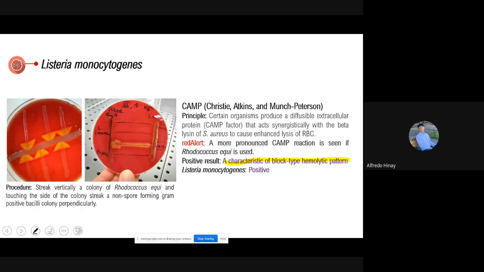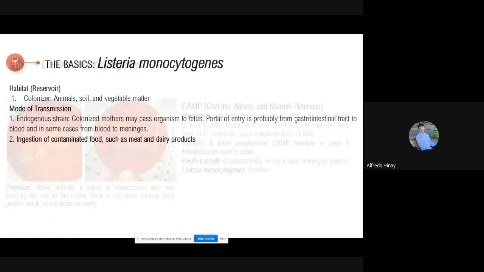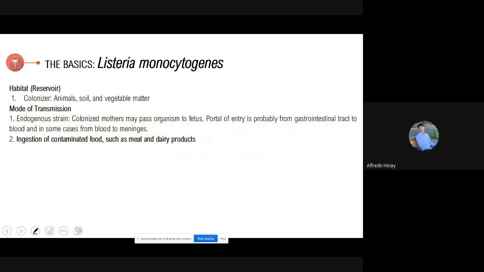Kay Streptococcus agalactiae naman class is arrowhead appearance. So the rest of the organisms class, you have Corynebacterium diphtheriae, you have Erysipelothrix rhusiopathiae at saka Gardnerella vaginalis, they are CAMP test negative naman. Kasi Listeria lang ang meron. Okay? Siya lang din gumagalaw, siya lang din ang may CAMP factor.